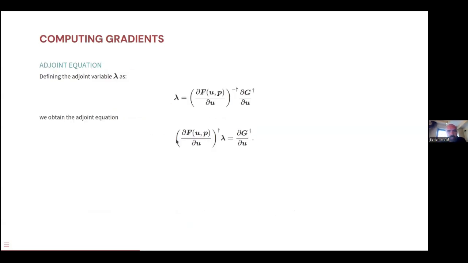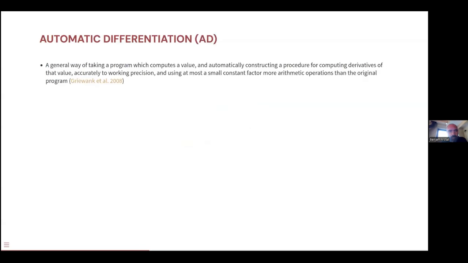And you can see here, now with one single extra linear solve, you are able to have the gradients for all your design variables, which is very powerful. This is what is used in general in topology optimization.